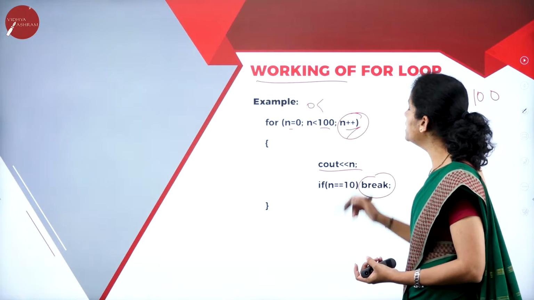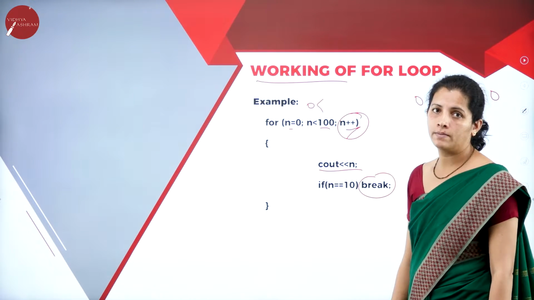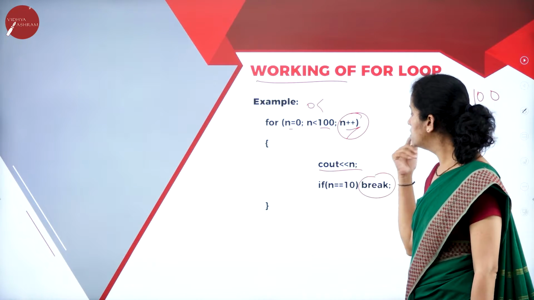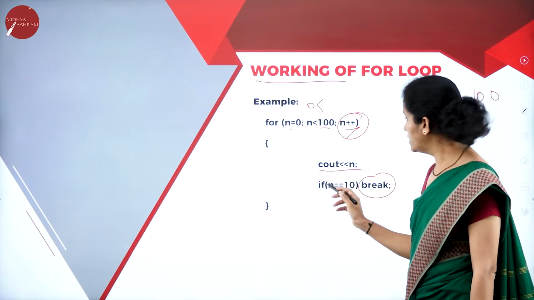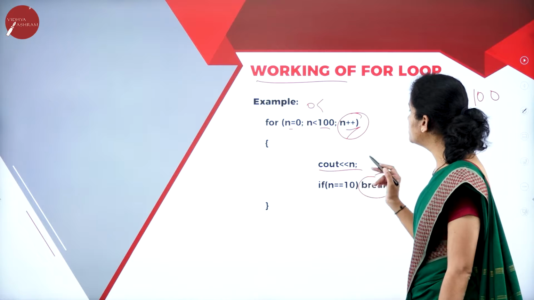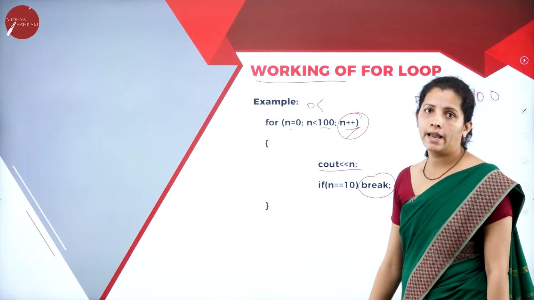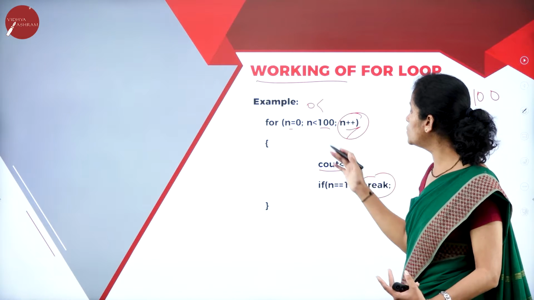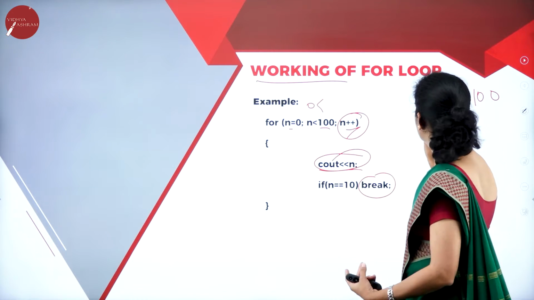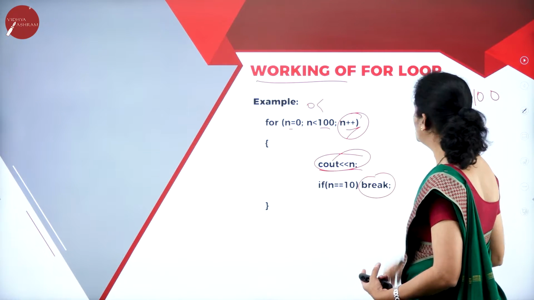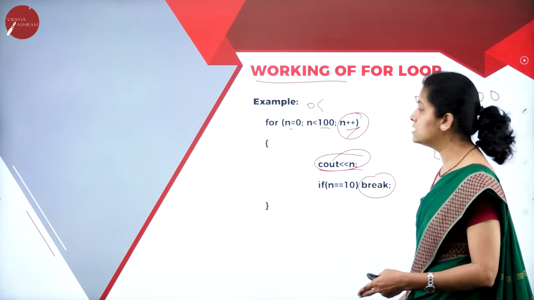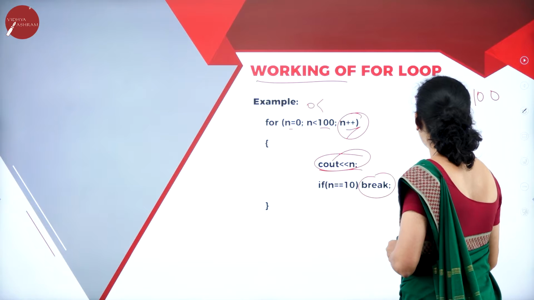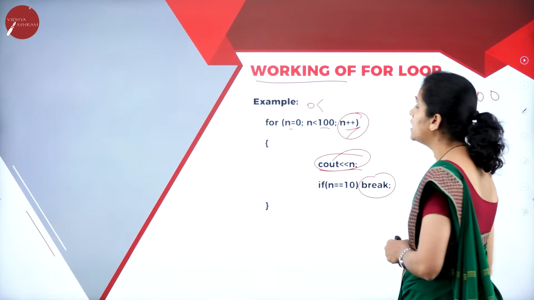So, increment n by 1, now 1. 1 less than 100, true, then print 1, check the condition. It is false, increment n by 1, now n is 2. 2 less than 100, true, print 2, check the condition. Condition is false, increment n by 1. Likewise, it's going to continue.